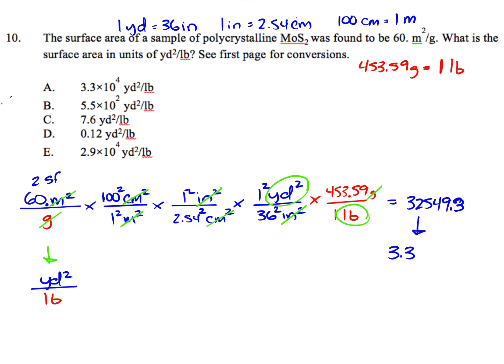I'll round that to 3.3 times 10 to the 5th, and the units, yard squared per pound. And I can't count.